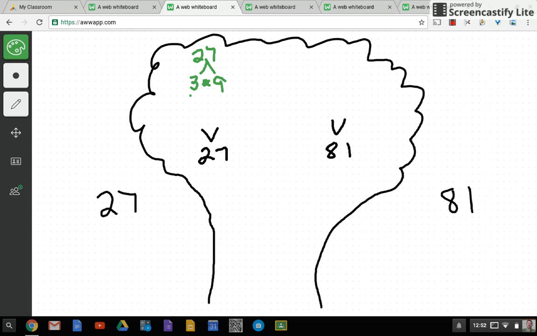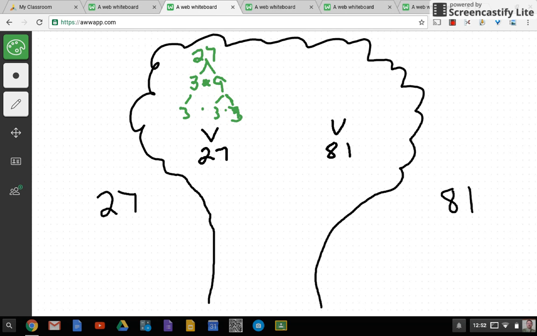So 3 is prime. 9 is composite, so 9 gets a little double split like that. So 3 falls down. And I can multiply 3 times 3 to get 9. So I've got 3 times 3 times 3 right there. And that's where I stop.